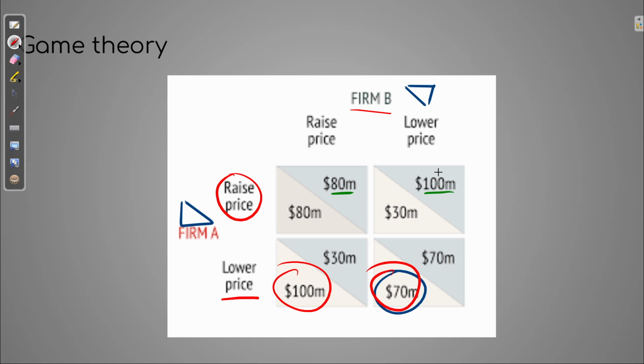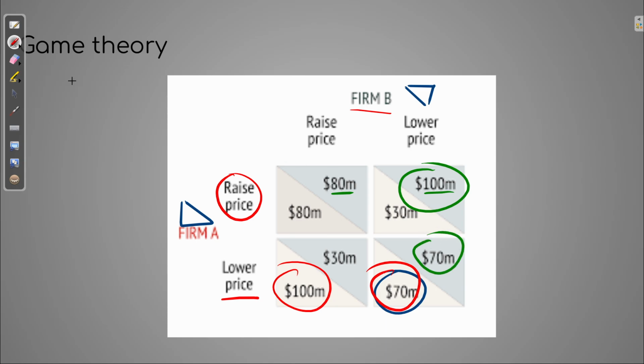And which one's better for them? Well, 100 million. Okay, so now if firm A lowers their price, where will firm B operate? I'll give you guys a second. Okay, they're going to operate here because 70 million is greater than $30 million.